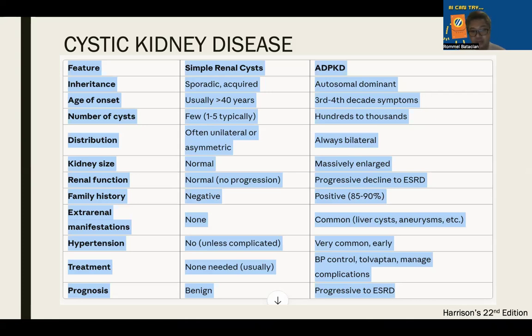There are two genetic forms, the PKD1, which is on chromosome 16, and PKD2, which is on chromosome 4. PKD1 is in 16p, the short arm, while PKD2 is in the long arm, 4q. Most cases would be PKD1.